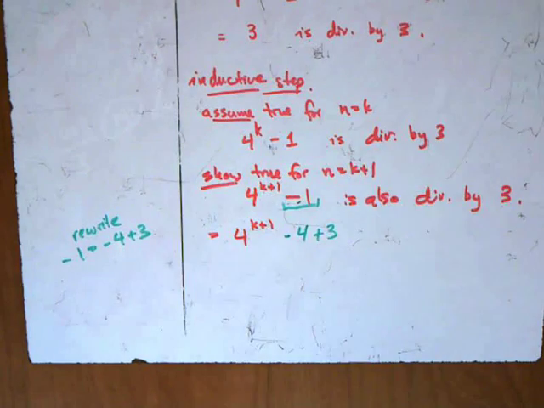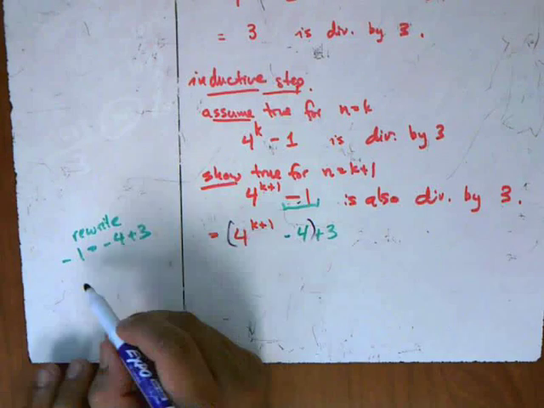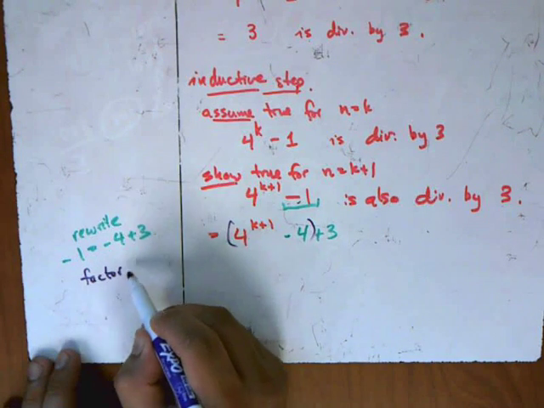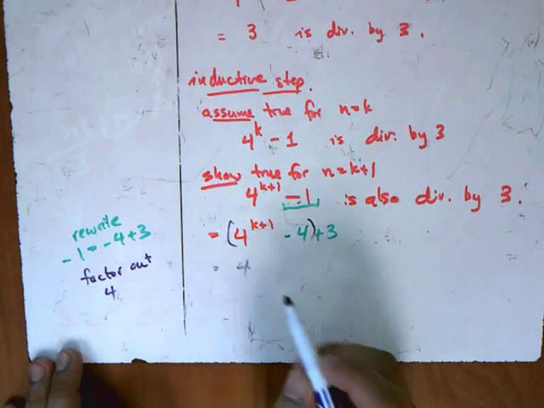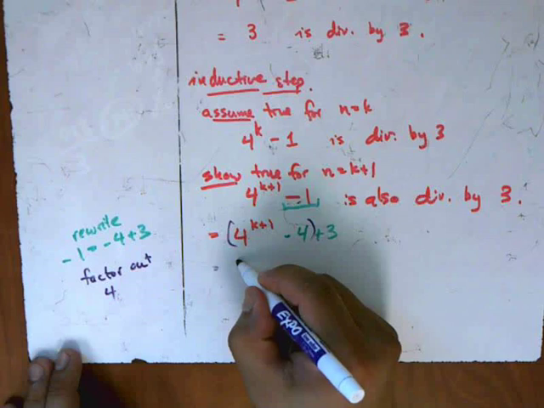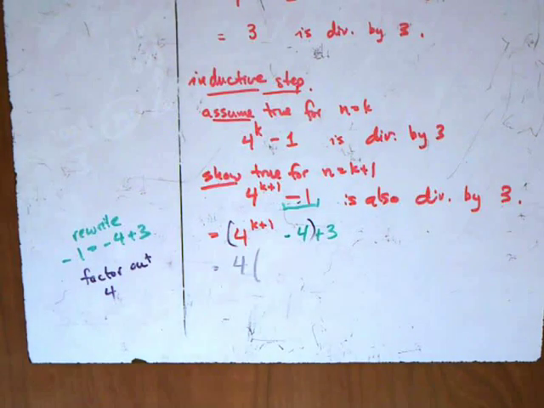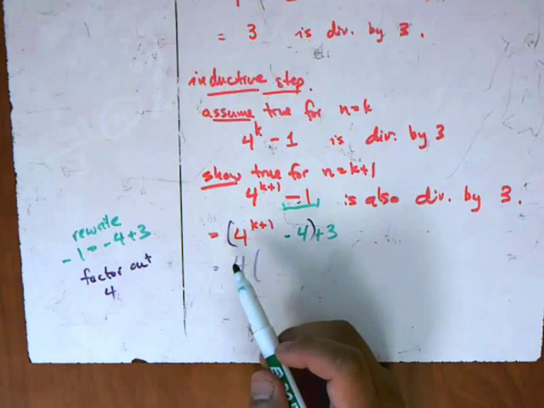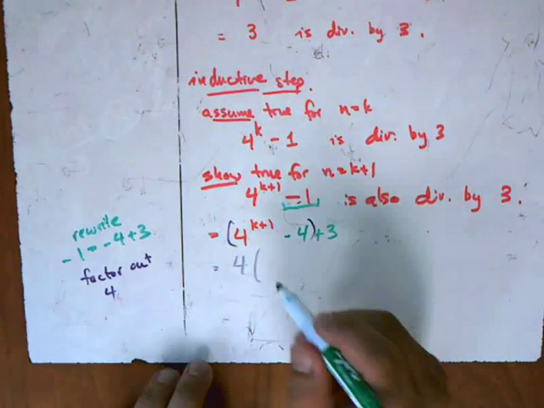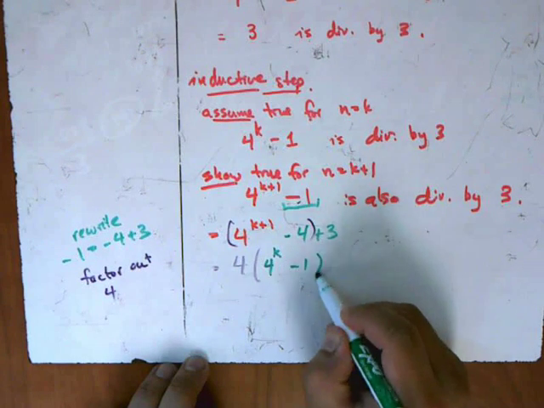Now we'll group these two things together, and we're going to factor out 4. So we end up with 4 times, and we have to divide this expression by 4, so we get 4 to the kth power minus 1, plus 3.